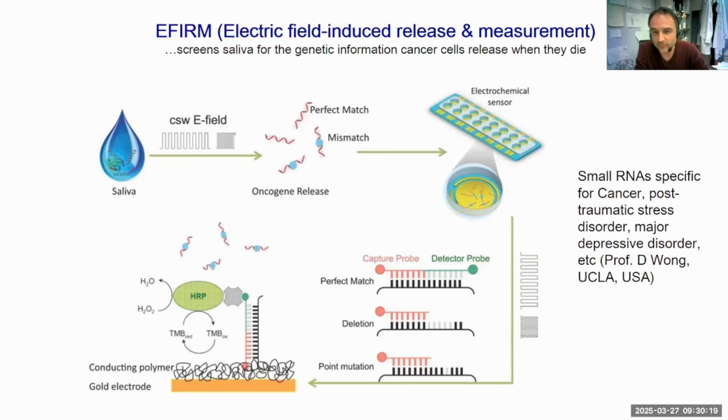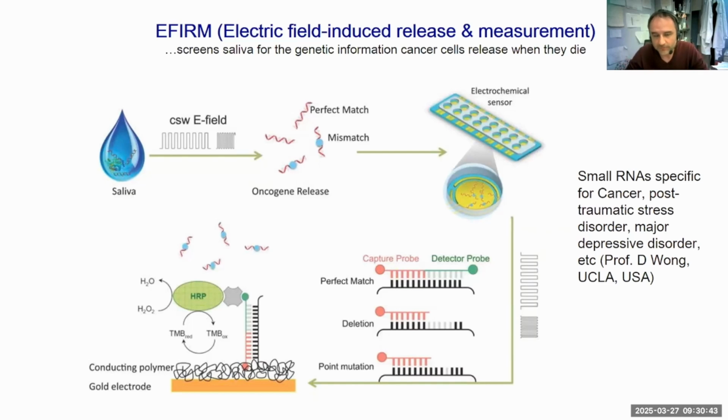Saliva is a wonderful fluid that captures in real time the general health state of our body. We produce more than 1 liter of saliva per day under normal conditions, and we are all the time swallowing this saliva and producing new saliva. So in real time, the composition of saliva is changing and is going to give us a general overview about what is going on in our body.